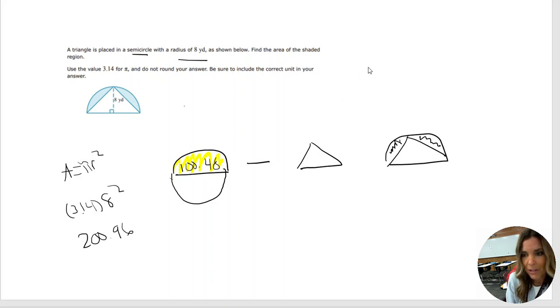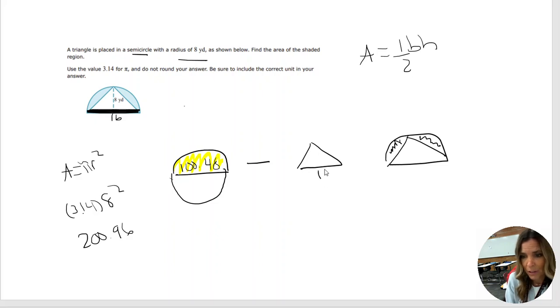Okay, now for the triangle, you guys know that the area of a triangle is 1/2 the base times the height. In this triangle, this is 8, this is 8. So the base is 16, right? If we're talking about a circle with a radius of 8, that means its diameter is 16, and that is the base of the triangle.